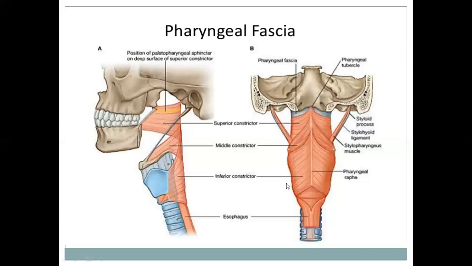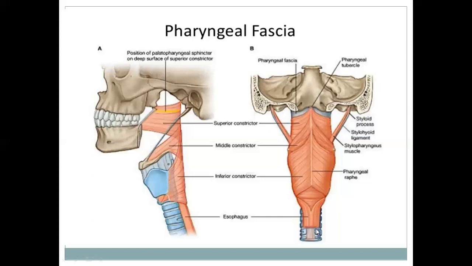The inferior constrictor has two parts. The upper part is called thyropharyngeus, which arises from the oblique line of the thyroid cartilage and gets inserted over the pharyngeal raphe. The other part of the inferior constrictor, besides this thyropharyngeus, is the cricopharyngeus, which is at the upper esophageal sphincter.